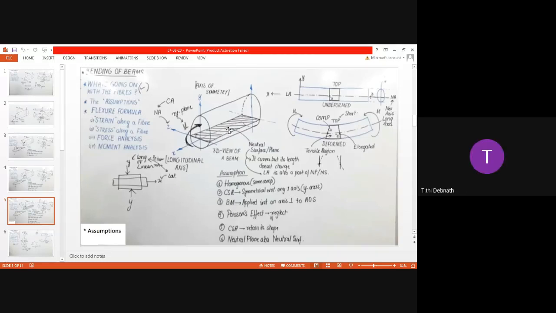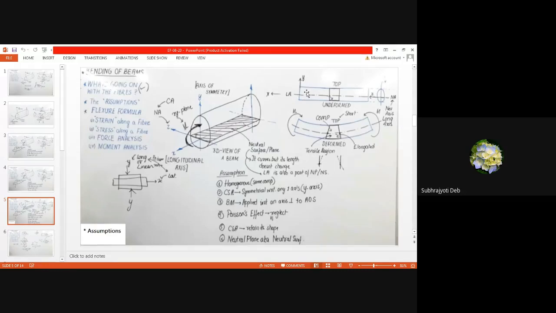Okay, so this plane is known as the neutral plane or neutral surface, because in this plane there will be no deformation. See what happens in the top fiber. This is the neutral plane or longitudinal axis.